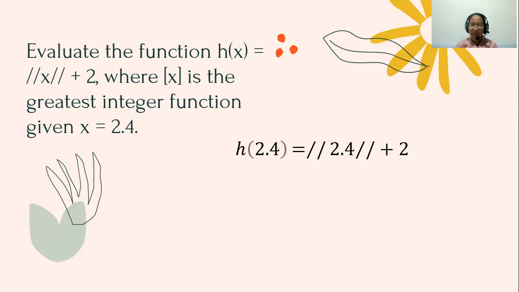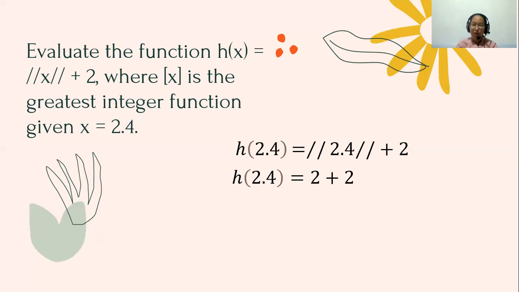You need to find the greatest integer for 2.4. And the greatest integer, again, as I have said a while ago, has no decimals, no fractions. So what's the greatest integer from the given value of x? Yes, that is 2.